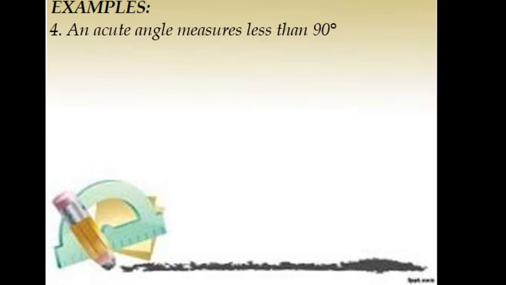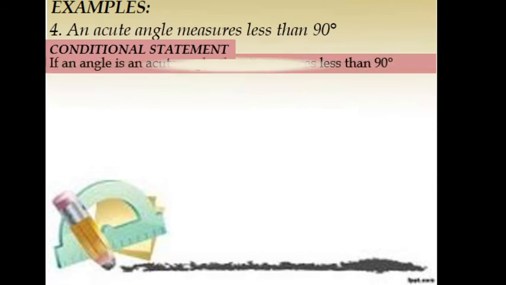So, meron na tayong given a kind ng angle, which is the acute angle. So, ang conditional statement natin ay pwede, if an angle is an acute angle, then it measures less than 90 degrees. So, dito, nagdagdag lang tayo ng word na angle kasi yung ating acute angle ay nabibilang sa grupo ng mga angles. Kaya siya yung ginawa natin noun or subject.